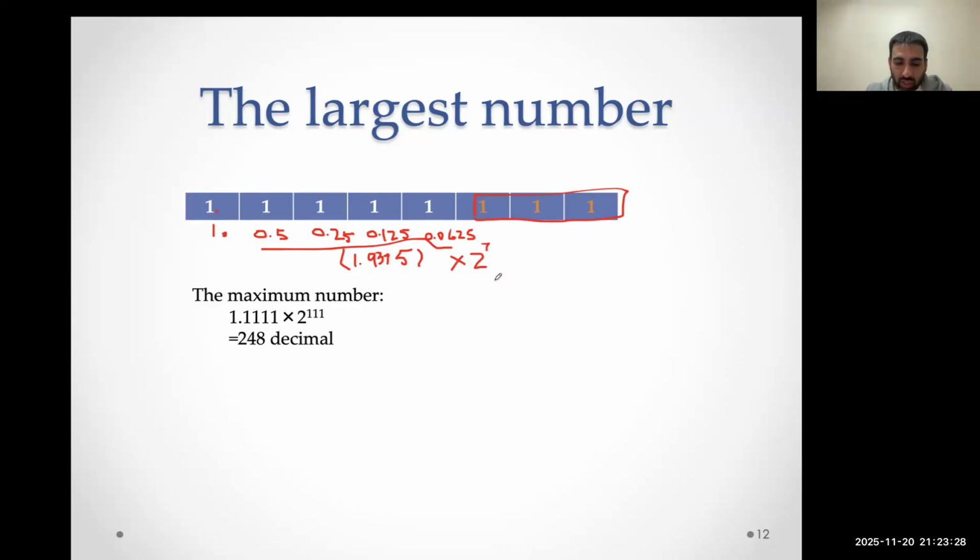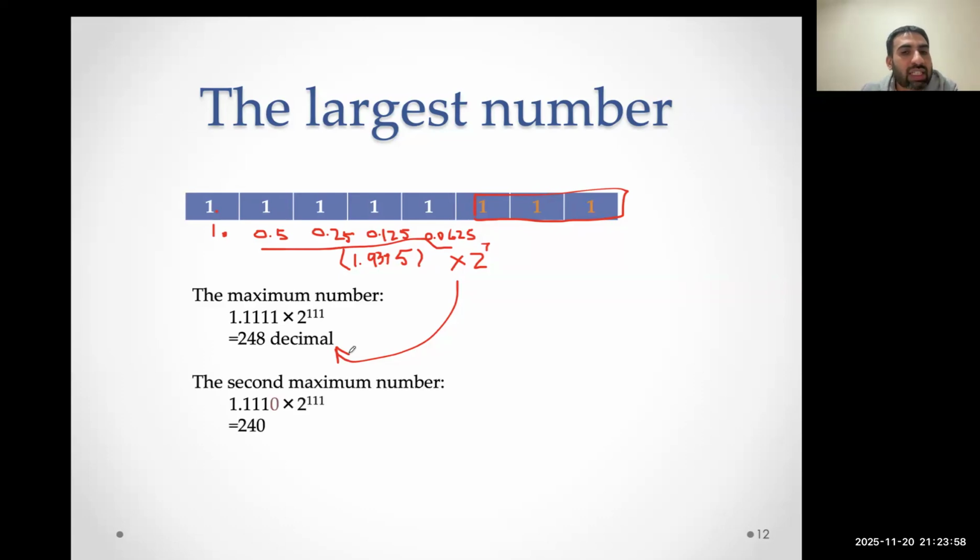So when you multiply this number with 128, you will get 248 in decimal form. So this is the maximum decimal number which you can represent using 8-bit binary for floating point representation, where you are reserving 5 bits for mantissa and 3 bits for the exponent.